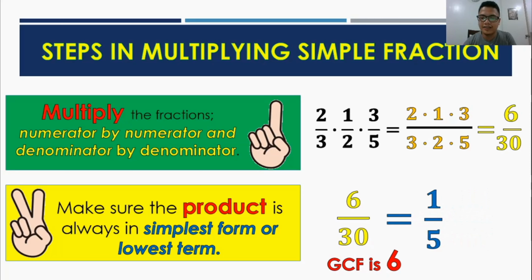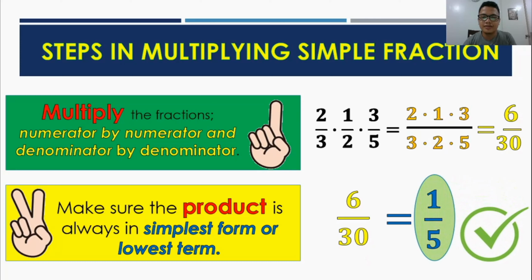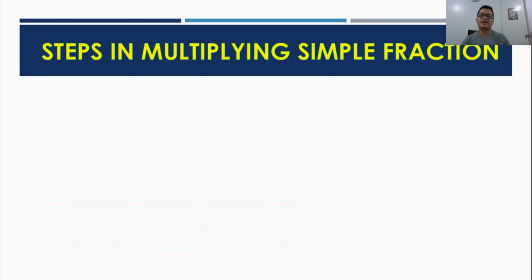So 6 divided by 6 is 1, and 30 divided by 6 is 5. So that's why we have 1 over 5 as our final answer. It doesn't matter how many fractions you multiply, as long as you remember the rule: numerator by numerator and denominator by denominator. Simple as that.